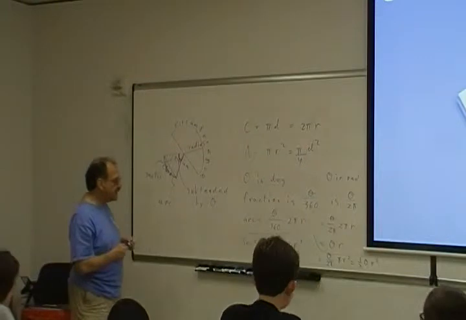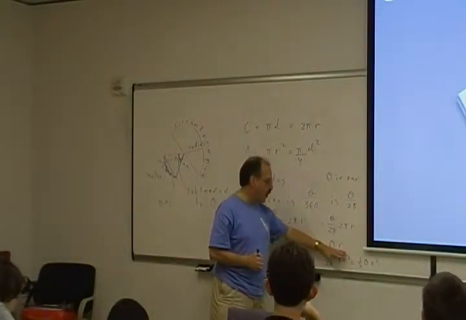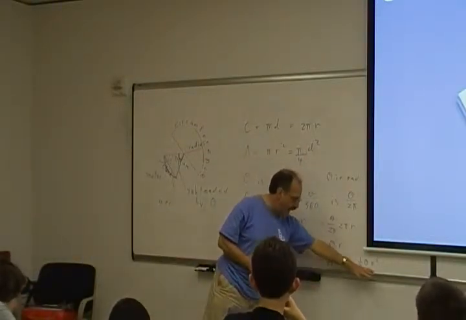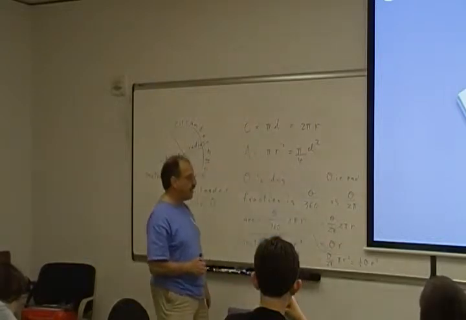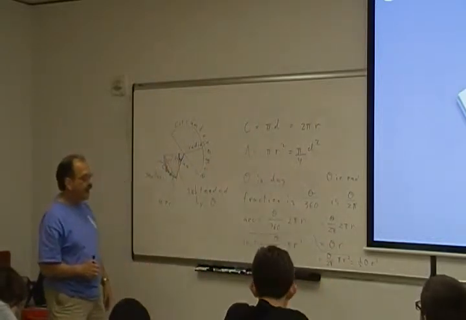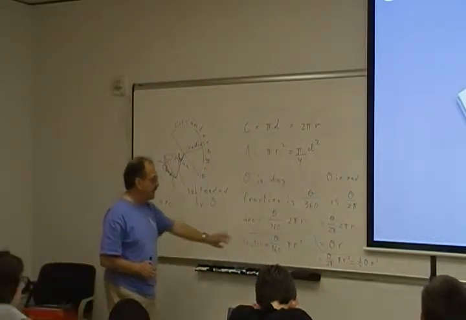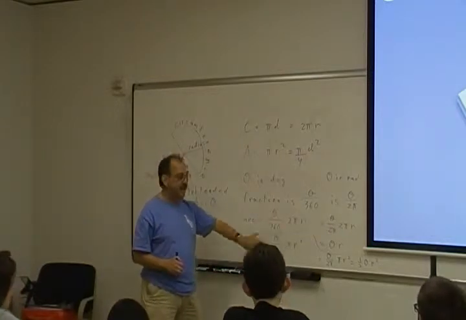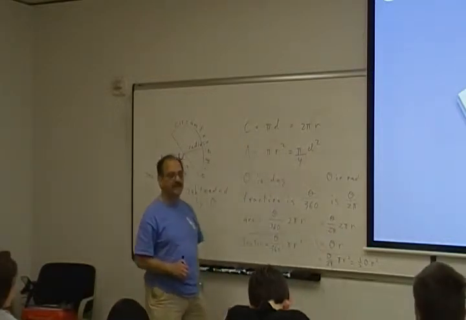And these formulas for the arc length and the sector area are so much simpler than these formulas. That is why we use radian measures.